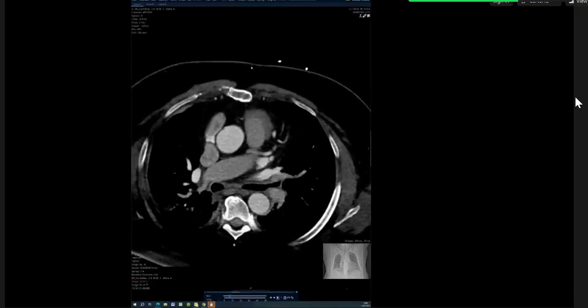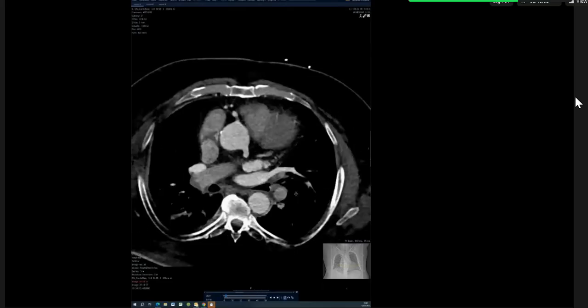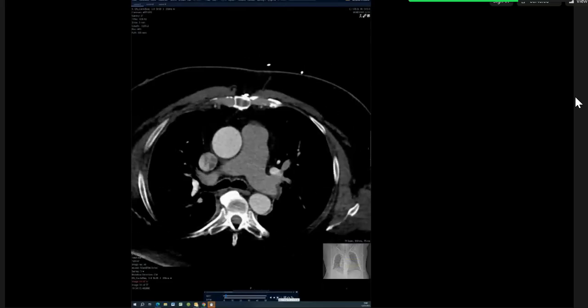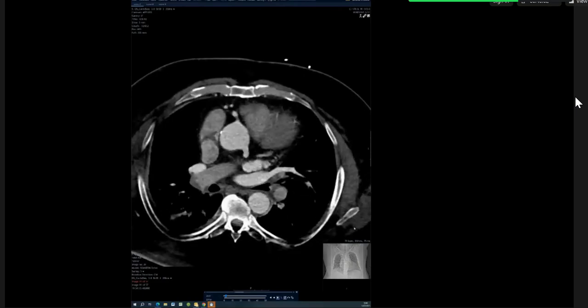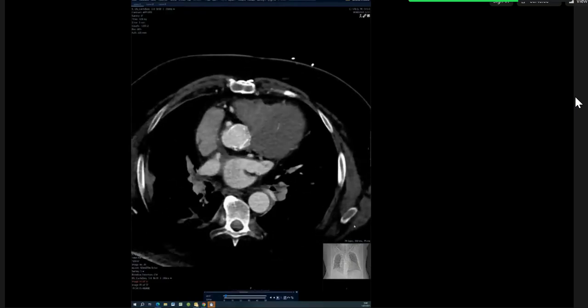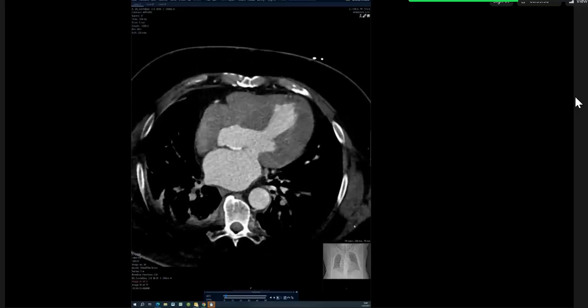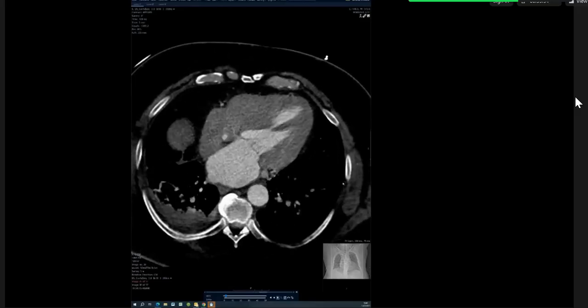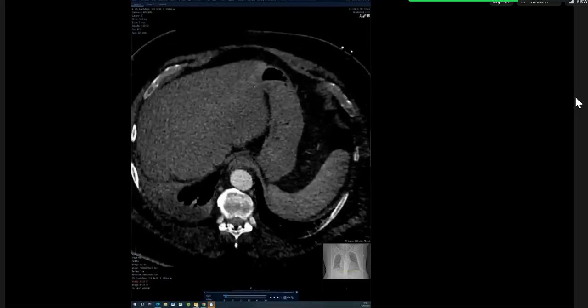I'm going to slow it down a little bit. So one thing to remember is if somebody gave you a cardiac case, we must be doing well.